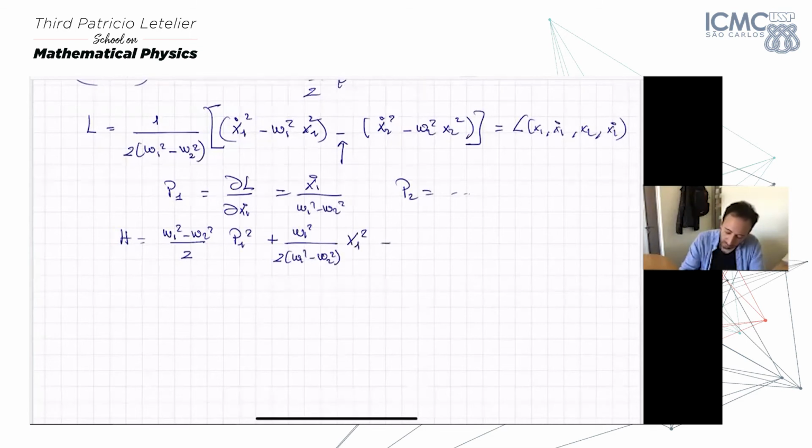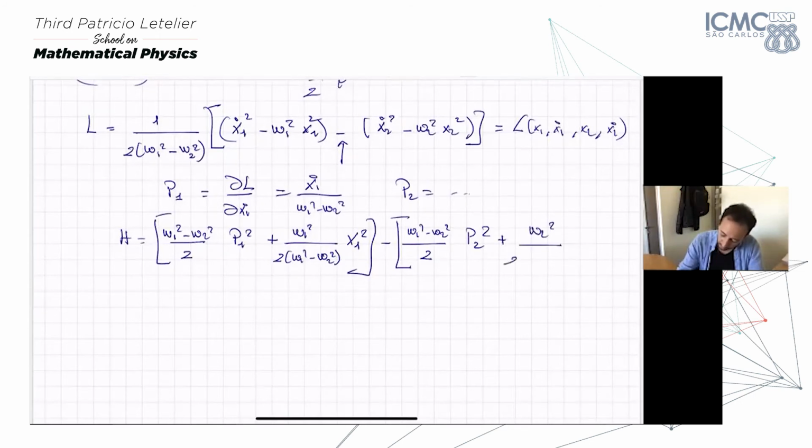And the same thing with a minus sign, 1 over omega 1 squared minus omega 2 squared over 2, p2 squared, plus omega 2 squared over 2 omega 1 squared minus omega 2 squared x2 squared.